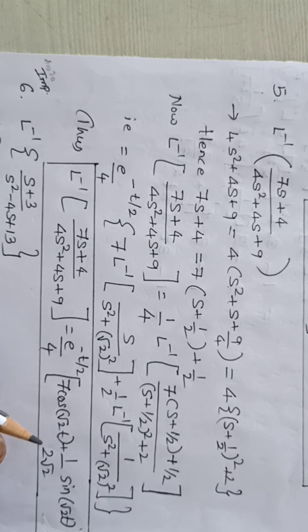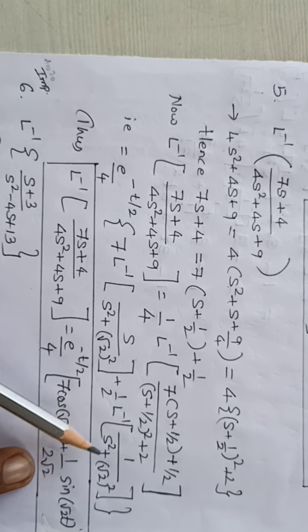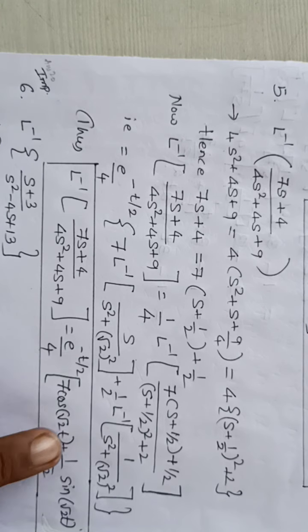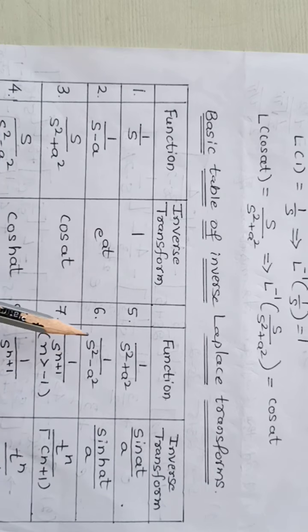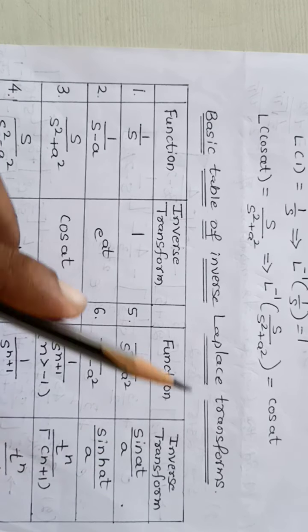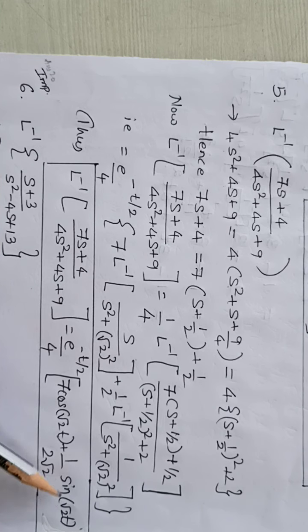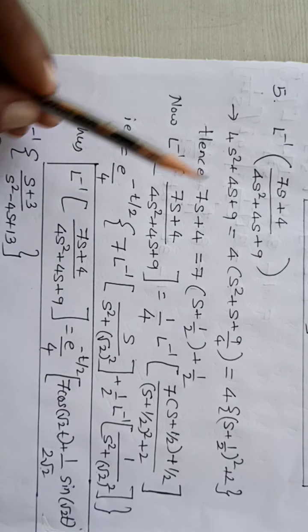It is 7 cos a t, with a being root 2, so 7 cos root 2 t, plus the constant 1 by 2 times Laplace inverse of 1 upon s square plus a square, which is nothing but sin at divided by a. It is sin root 2 t divided by root 2. This is the final answer for this problem.